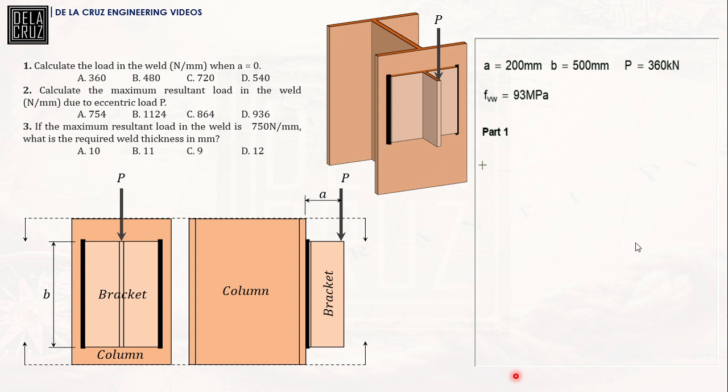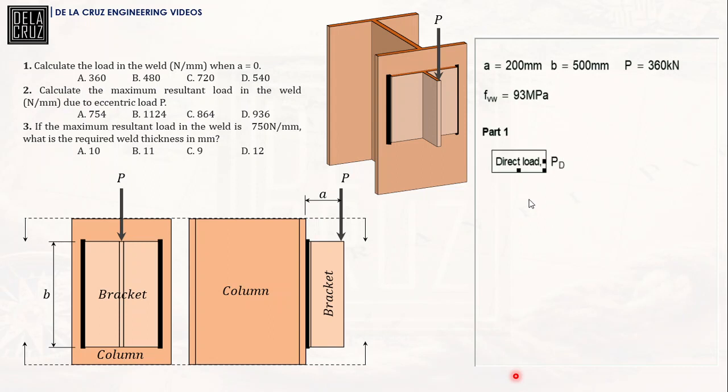For part 1, when A is 0, our P will be directly at the line of the weld. So let's say that is the direct load. I will define it here as direct load P, PD.